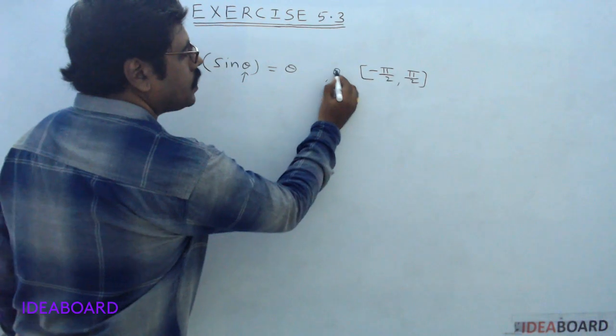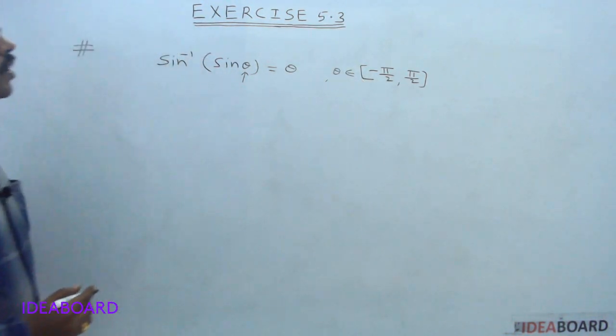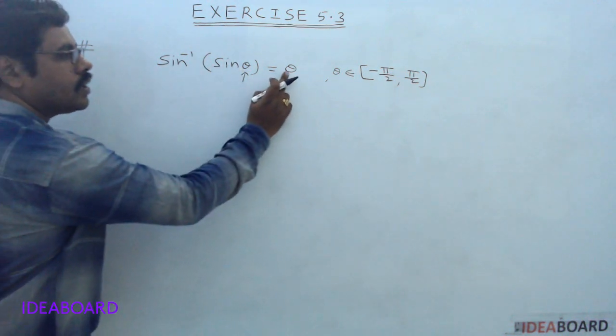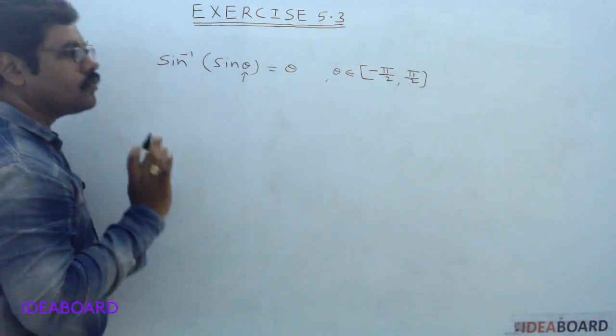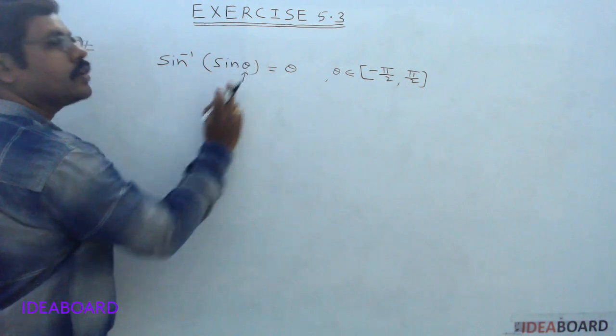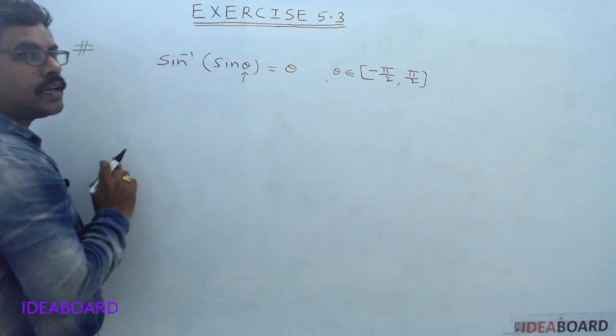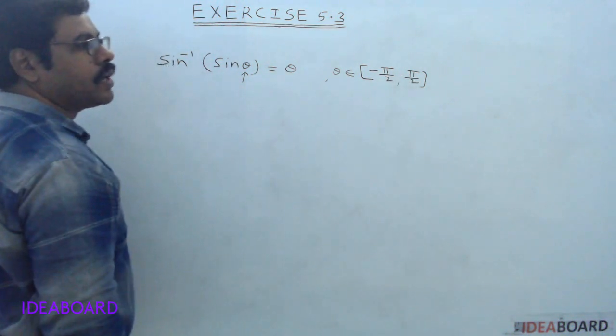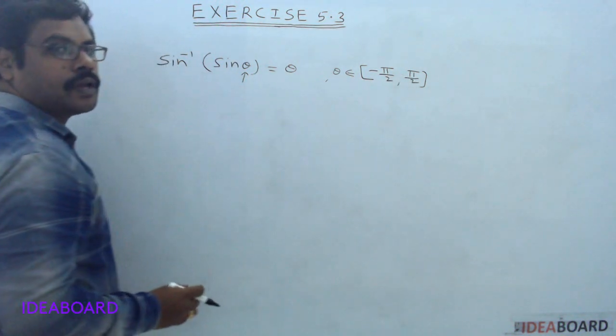Once again, sine inverse of sine theta equals theta only when theta belongs to the range of sine inverse, the closed interval minus pi by 2 comma plus pi by 2.